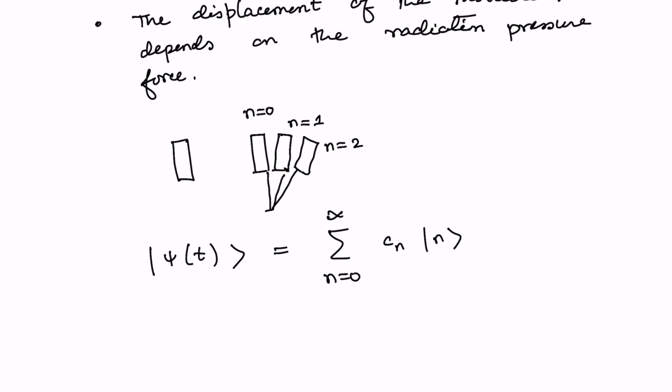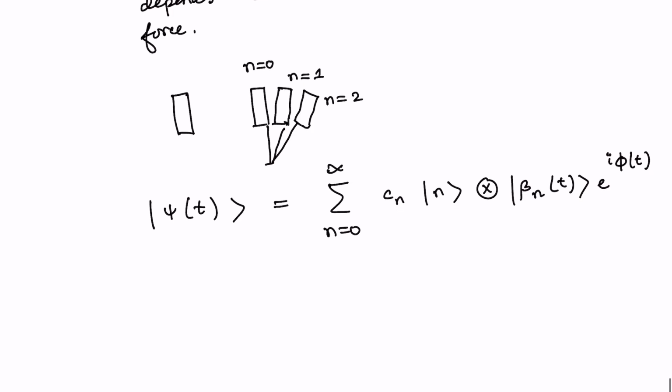And when it is getting displaced, because it is in the ground state, and a displaced ground state is a coherent state, the mechanical oscillator state can be represented by the coherent state. Say, let me write it as beta n, and because this coherent state is dependent on the number of photons in the cavity, there may also be some phase term, say e to the i phi of t. So this is the overall quantum state of the optomechanical system.